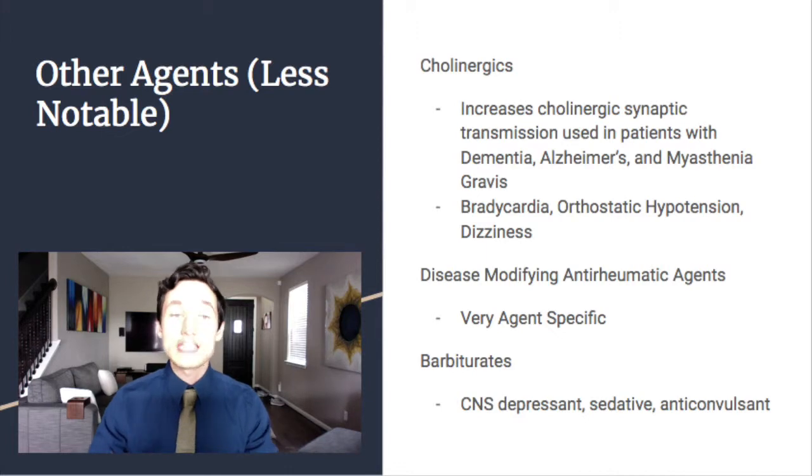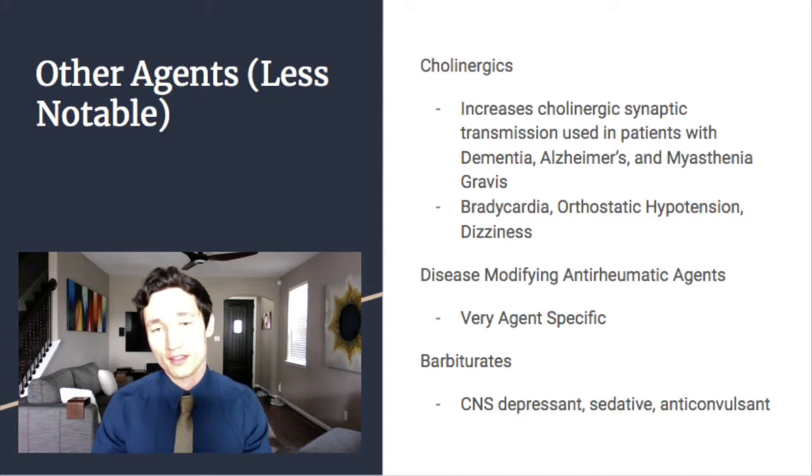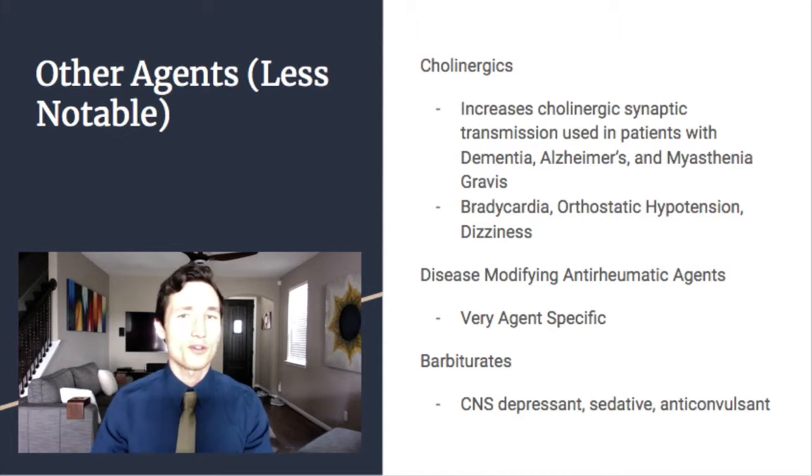So these can definitely be very agent-specific as to what signs and side effects they might produce. So I now look at the medication labels for each of them individually, because I don't trust my own memory just because they're so agent-specific.